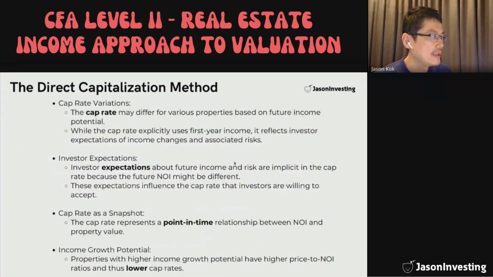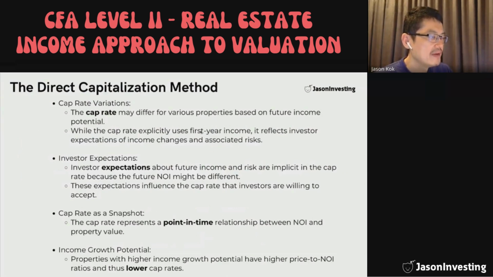Let's look more at the cap rate. The cap rate may differ for various properties based on future income potential. While the cap rate explicitly uses first-year income, it reflects investors' expectation of income changes and associated risk.